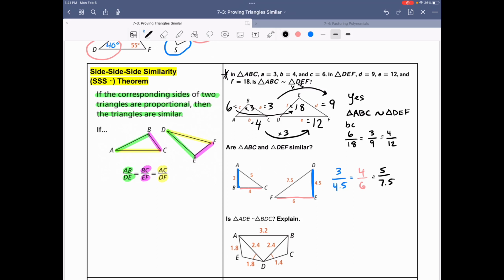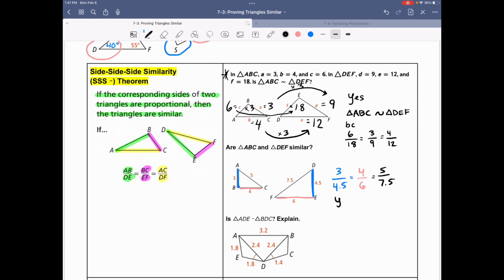So basically, if I reduce all of these, are they equal? I can do that by dividing, or I can do that by cross multiplying. So 3 divided by 4.5, that's 2/3. 4 divided by 6 is 2/3. 5 divided by 7.5 is 2/3.